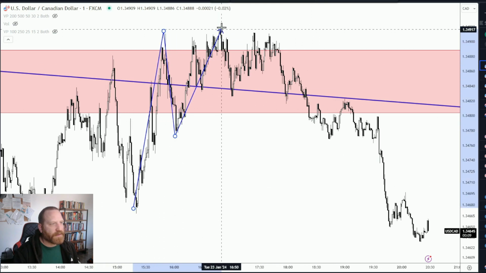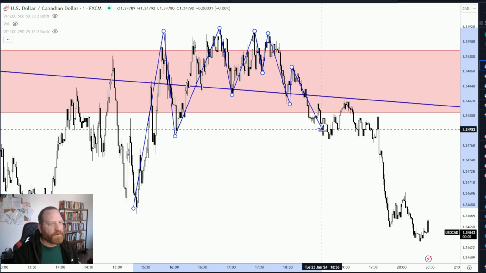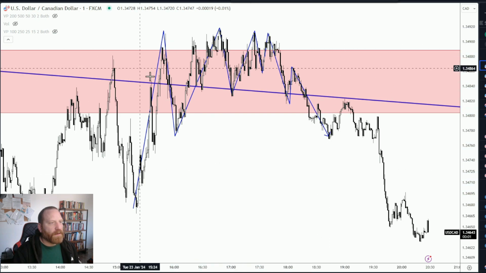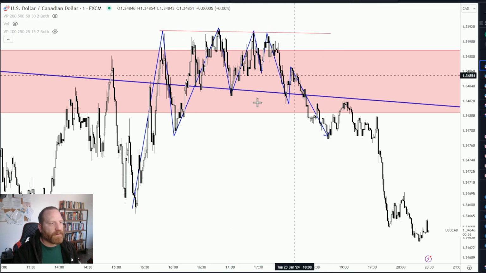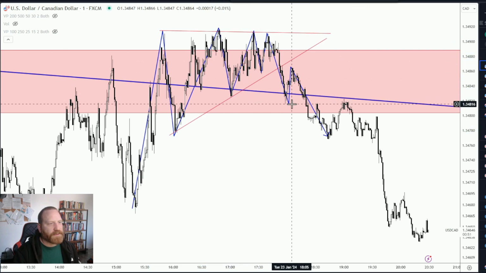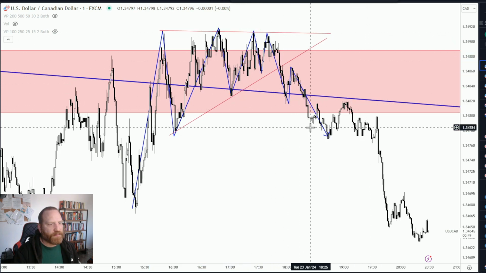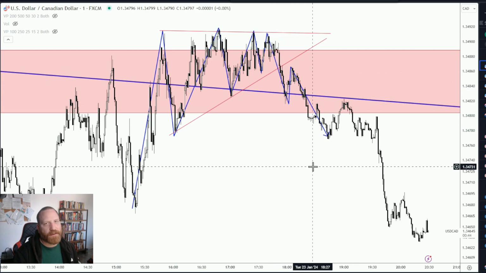What I'm seeing here is a failure from the market to make new highs in this zone over here. So here we have rejection. Then it breaks on the downside, tests, and then breaks again on the downside. So now we're making lower lows and lower highs.